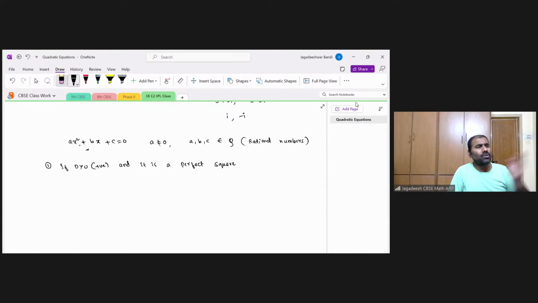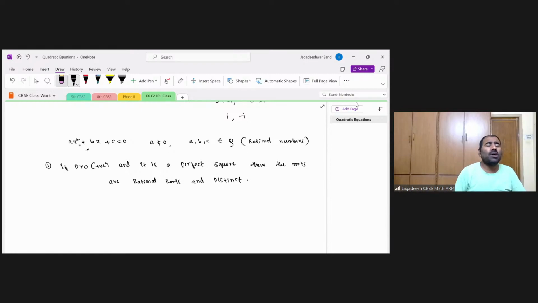Root 4, root 25, root 36, all this. So if that value is a perfect square, then the roots are rational, and distinct. They are different. So remember always, children, if D is greater than 0, they'll have two different roots. That's why we say distinct roots.